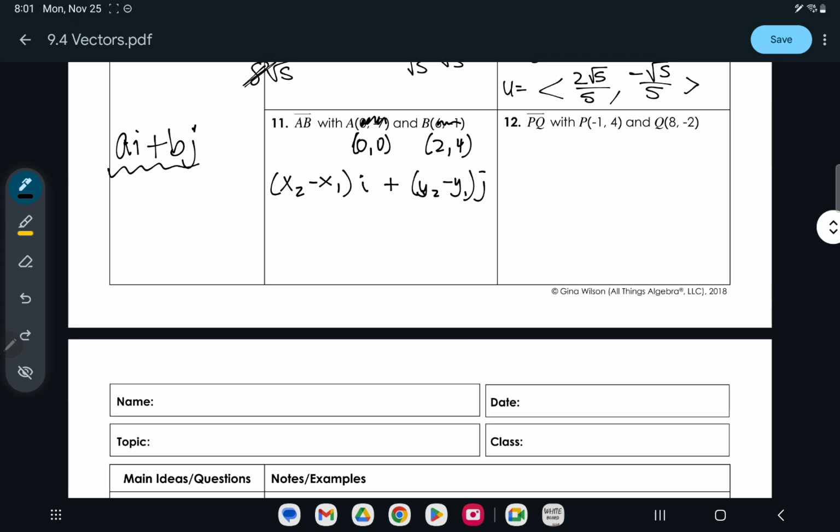So the difference in the x's is 2 minus 0, which gives us just 2.